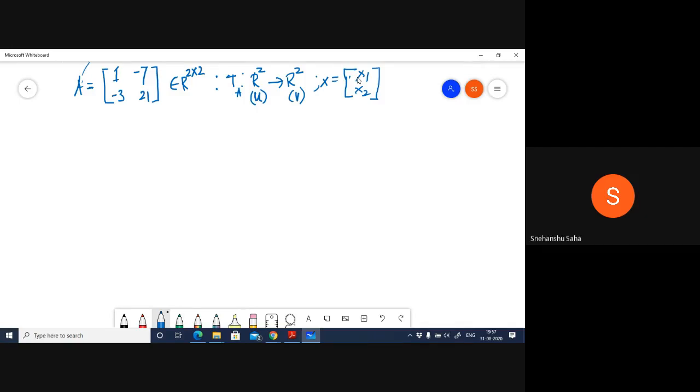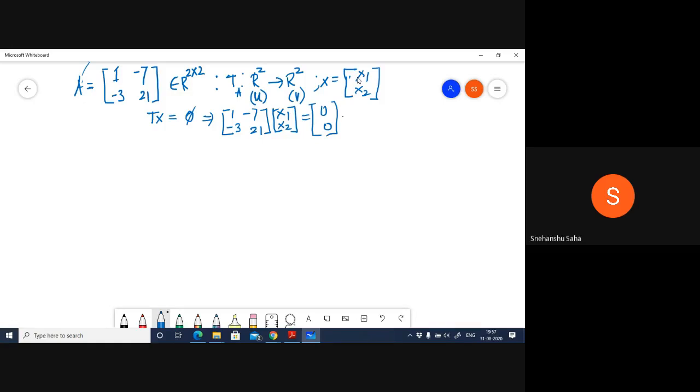By definition of null space, we know that there has to be an X which will map to the 0 vector. So in other words, this T is nothing but the matrix induced by the T. So I have 1, -7, -3, 21 times X1, X2 equals 0, 0.